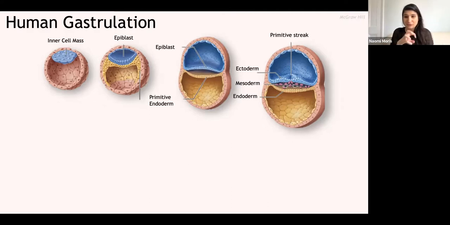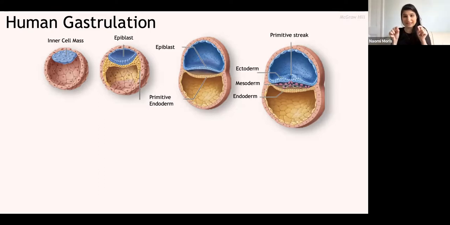What starts off as this small group of cells known as the inner cell mass, which is here in blue, eventually in the human becomes a bilaminar disc, a two-cell-thick disc where only this epiblast population of cells, this blue columnar layer marked as the epiblast, is the embryo proper, and the rest of it is extra-embryonic tissue, as we thought about a little bit earlier.